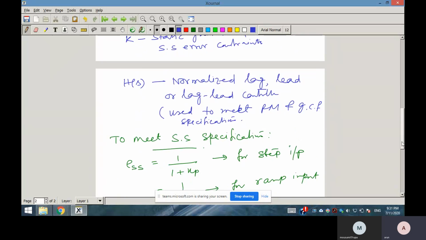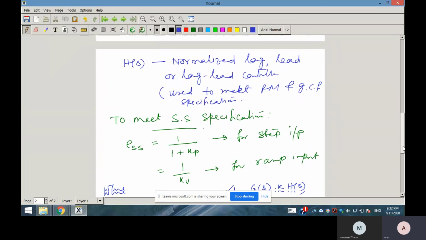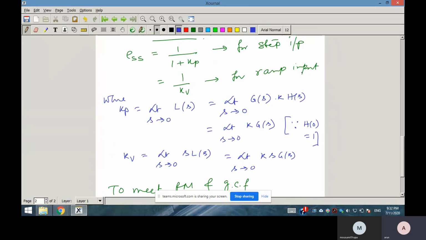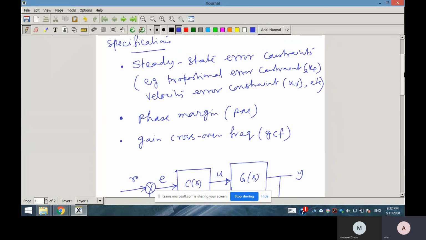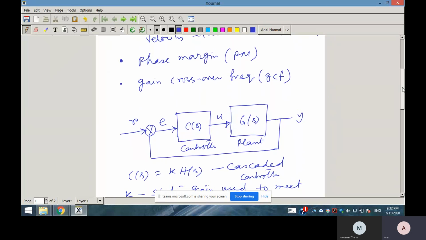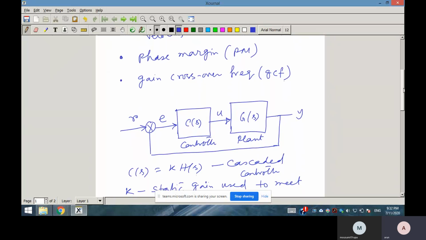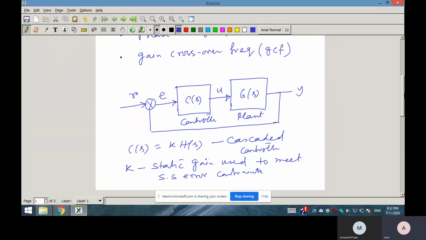K will be there, determined only based on the error specification. Uncompensated system here, the terminology may be a little bit different. You may think that it is an open loop system, but it is not open loop. Uncompensated system means HS equal to 1.